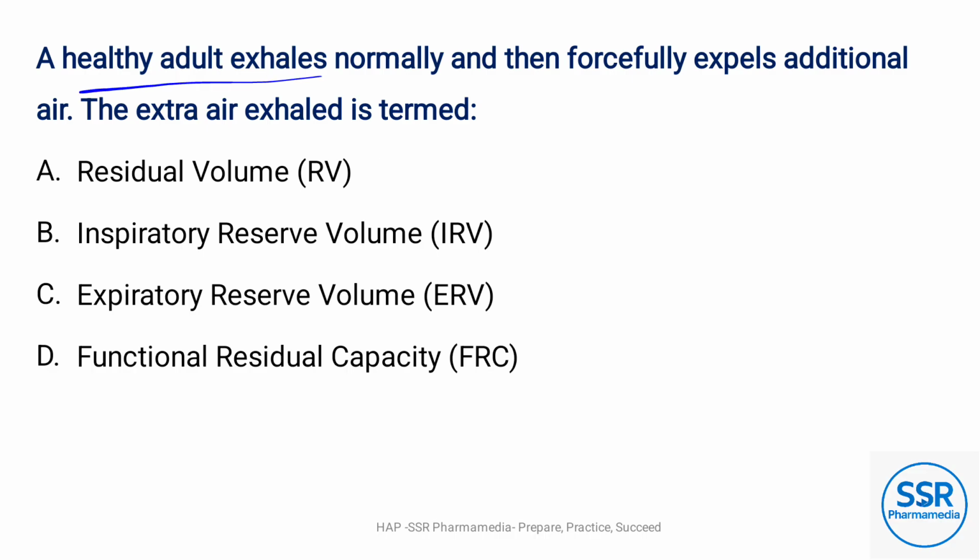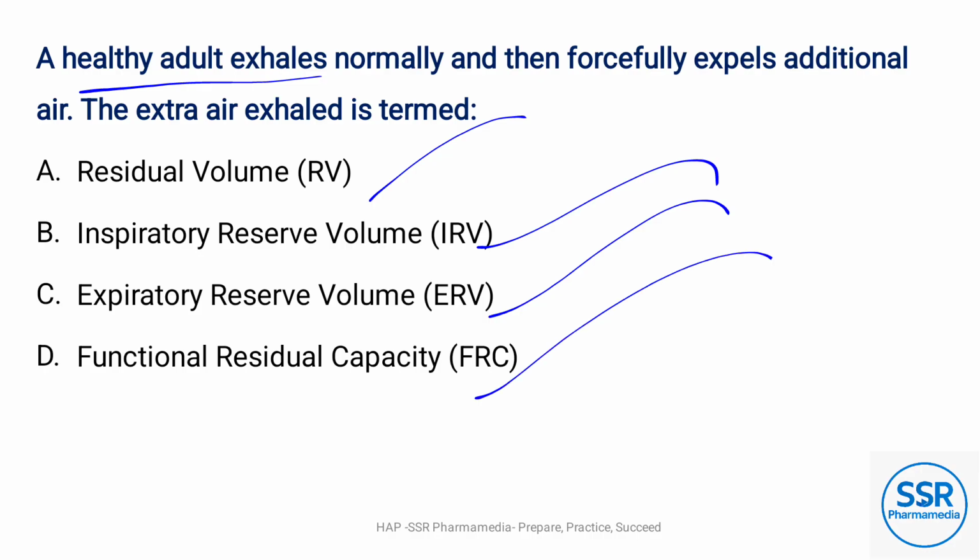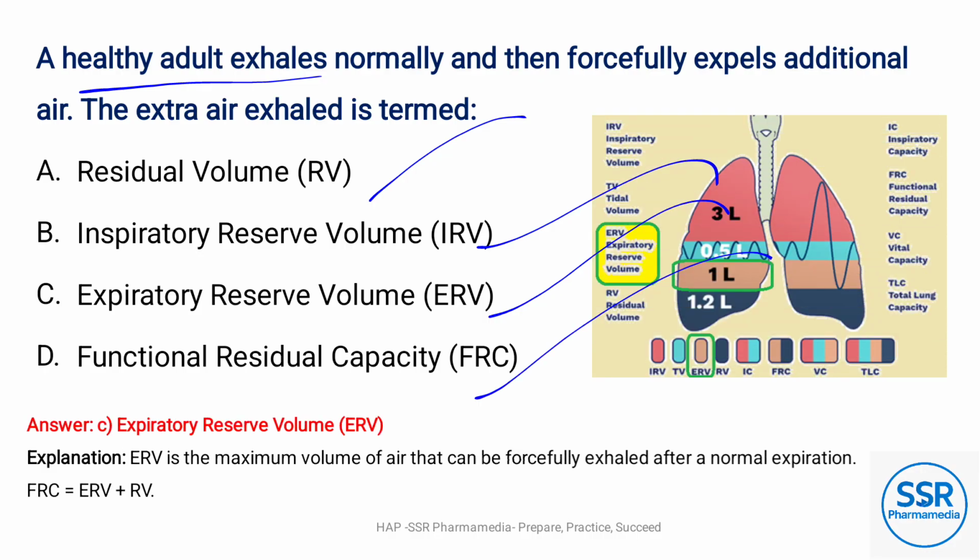Next, a healthy adult exhales normally and then forcefully expels additional air. The extra air exhaled is termed: option A, residual volume; option B, inspiratory reserve volume; option C, expiratory reserve volume; option D, functional residual capacity. So the answer is option C, expiratory reserve volume.